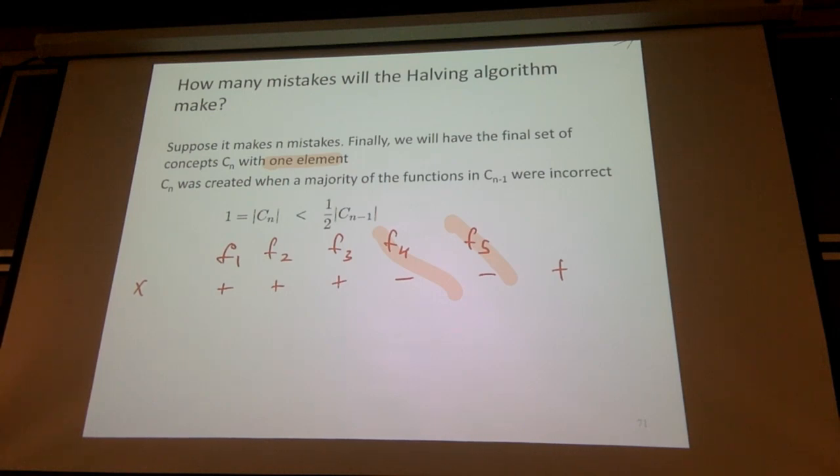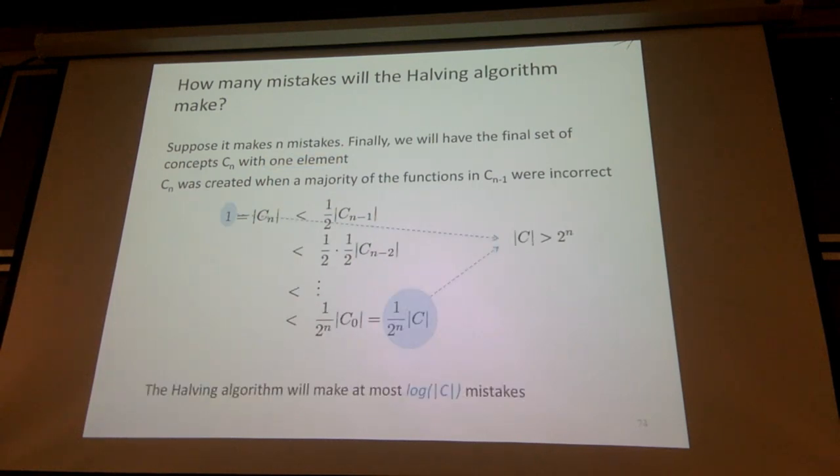And we don't need it because the point has already been made, which is it's logarithmic in the size of the concept class. So even without that extra step, we get this logarithmic thing, and I'm sure somebody has put the effort in. Anyway, the main point I want to make is it makes a logarithmic number of mistakes. You could make it slightly smaller by doing what you described.